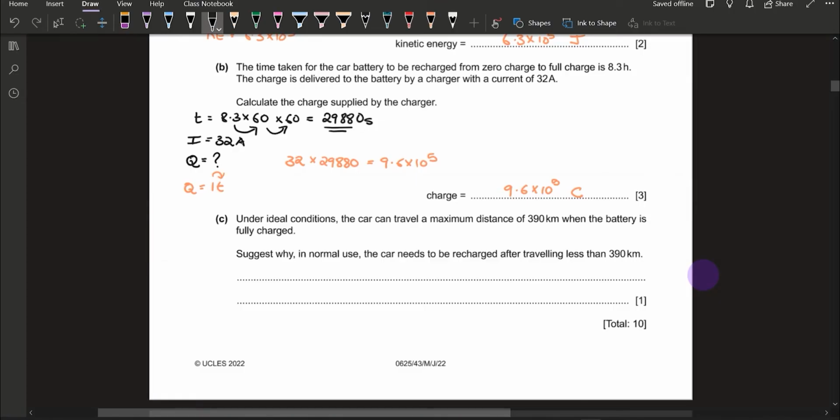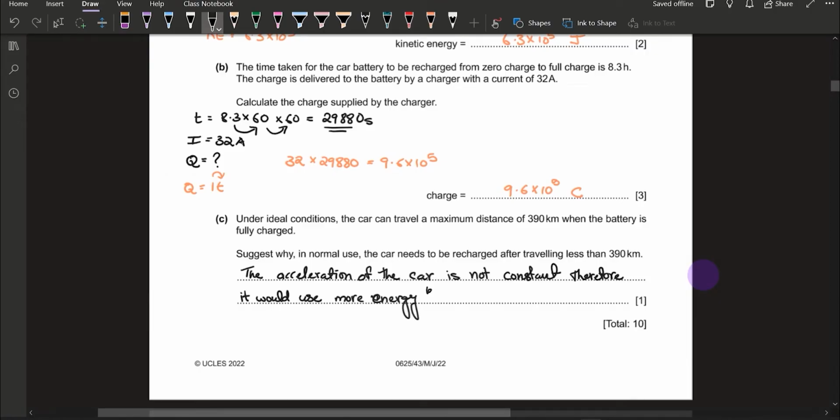So we can write down here, the acceleration of the car is not constant. Therefore, it would use more energy and would have to be charged earlier. We'll get 1 mark for this. And we are done with question number 1.